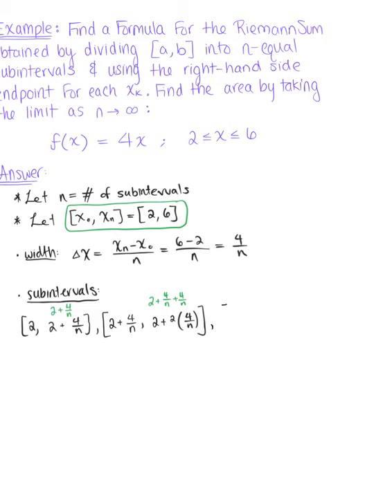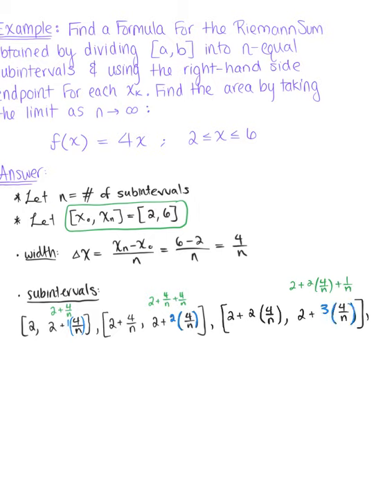So let's find one more interval here. Again, we're taking that endpoint 2 plus 2 times 4 over n, and we think, okay, if we add the width, our next endpoint is going to be 2 plus 3 times 4 over n. Hopefully you're starting to see the pattern here. We've got 1 times 4 over n, next we have 2 times 4 over n, next we have 3 times 4 over n.